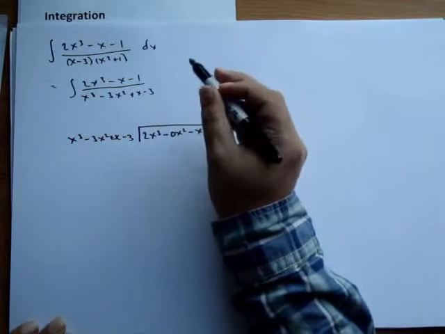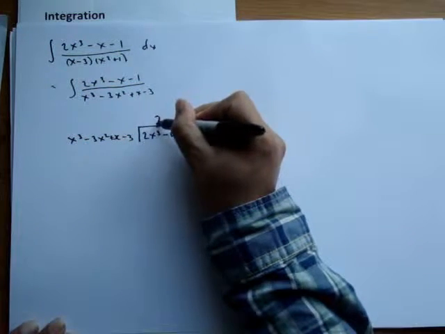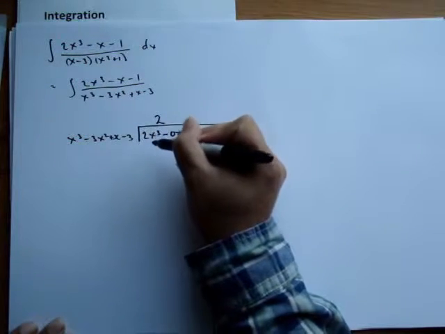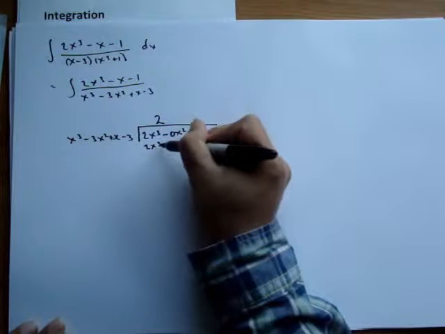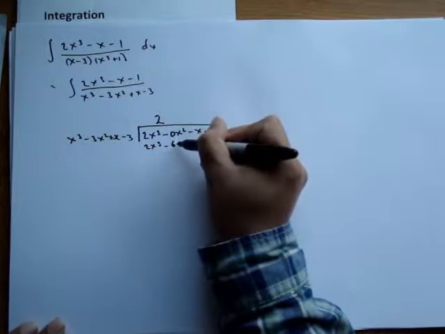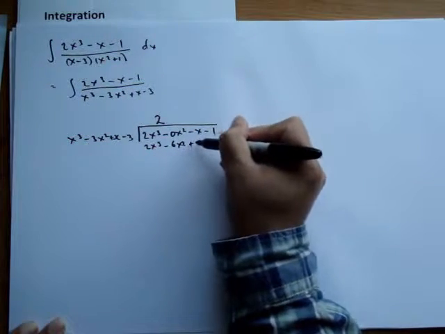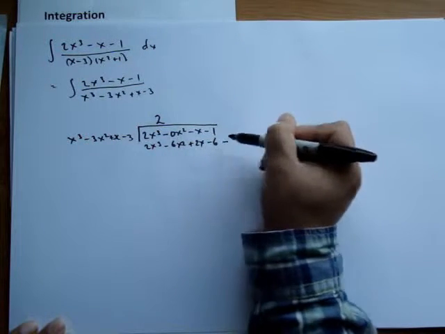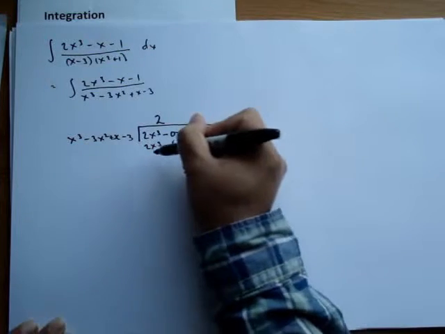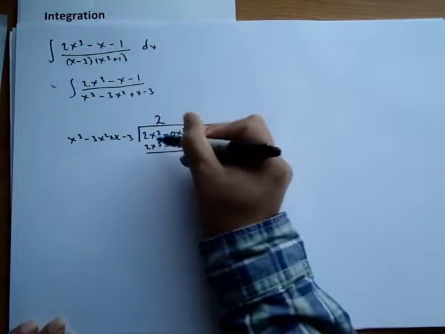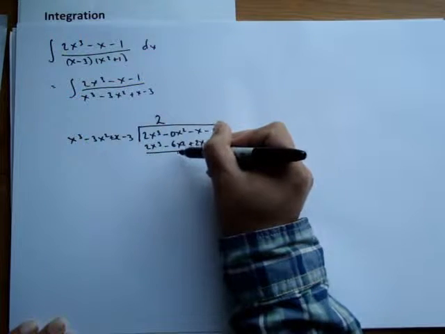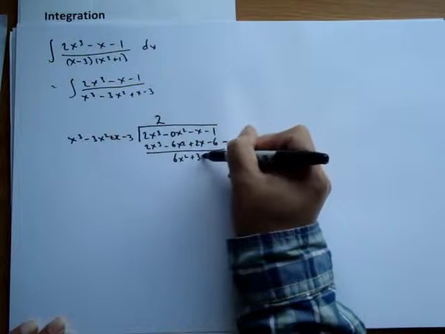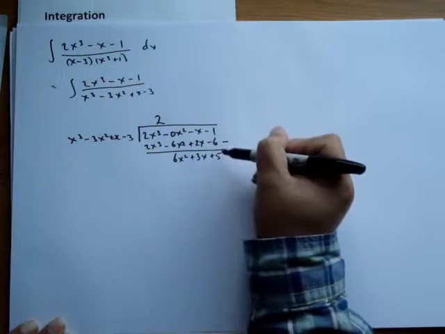When we do this, we get a 2 on the top, and then multiplying through by 2 we get 2x cubed minus 6x squared plus 2x minus 6, and we subtract. When we subtract, this becomes 0. We're left with 6x squared plus 3x plus 5.